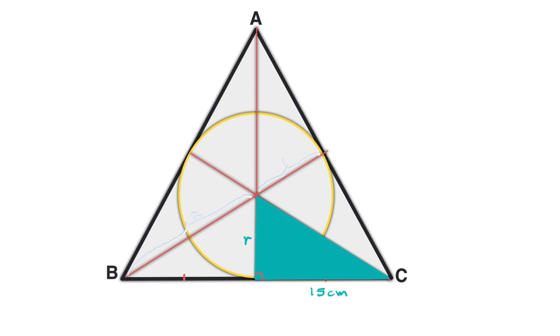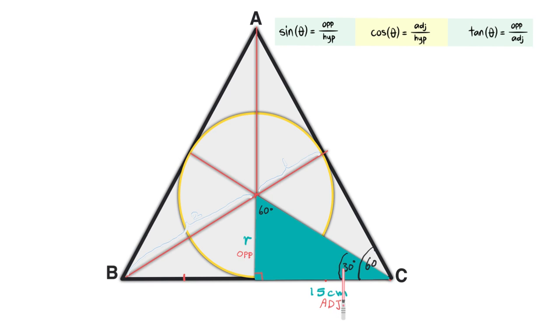So being an equilateral triangle, since each angle in the equilateral triangle is 60 degrees, then we know that the green triangle will have an angle of 30 degrees. And the last angle will therefore be 60 degrees. So once again, we can use the trigonometric ratios to find the value of r. And using the angle being 30, we will use the opposite over adjacent, which is going to be a tan.